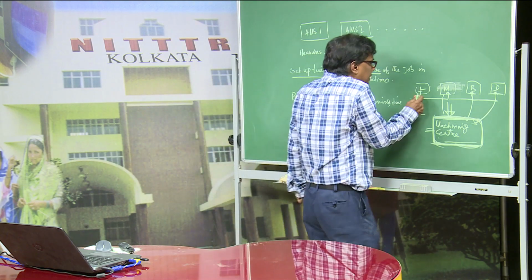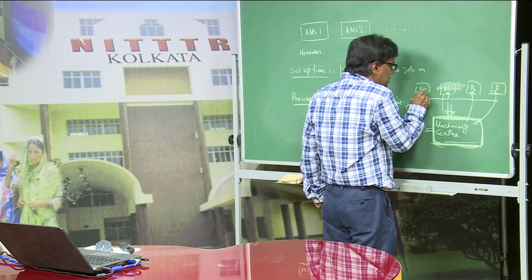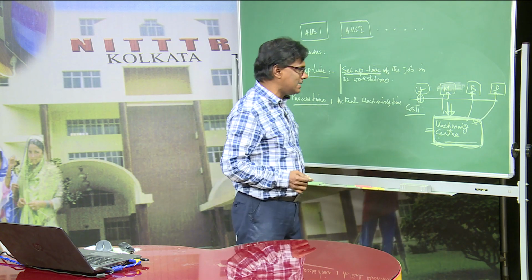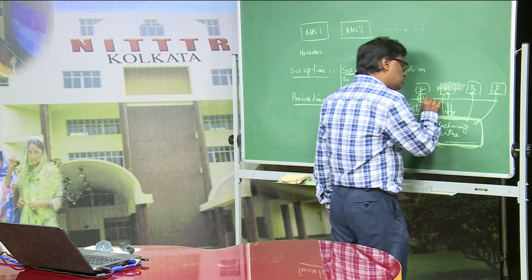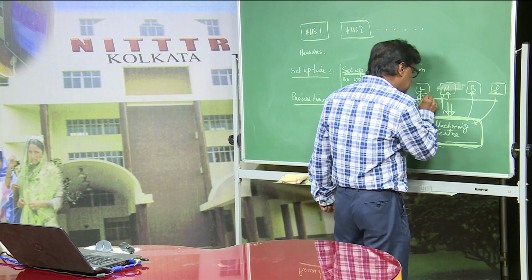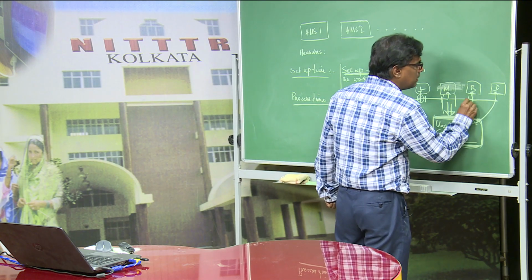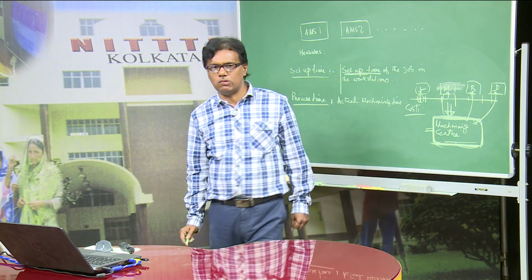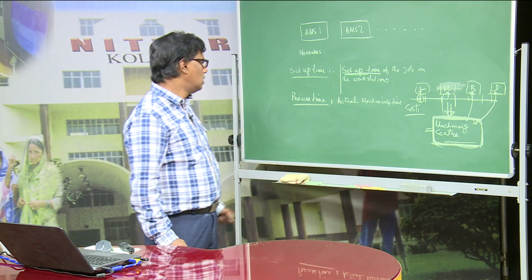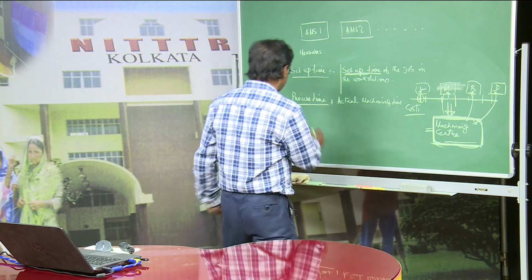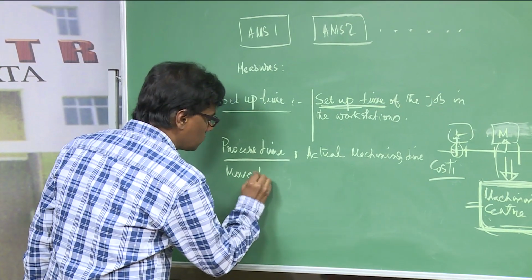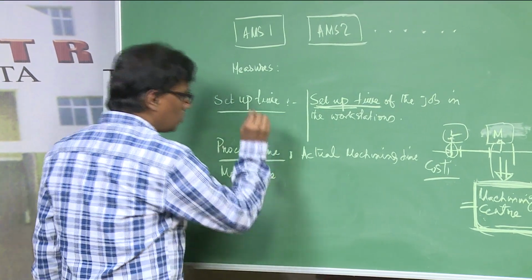Move time means the time between the first operation carried out here and the next, the time from machine to machine; the summation of all these times is called move time.